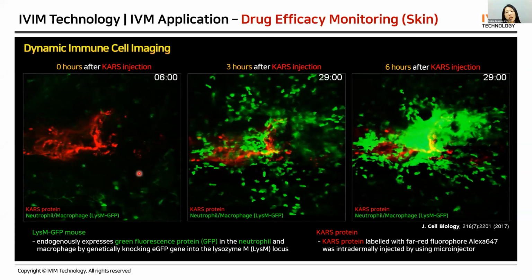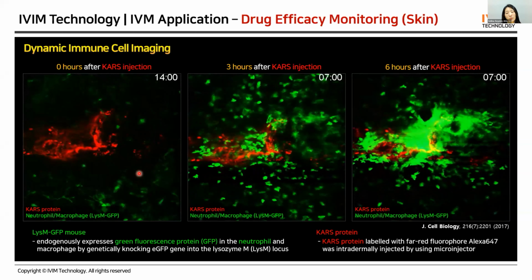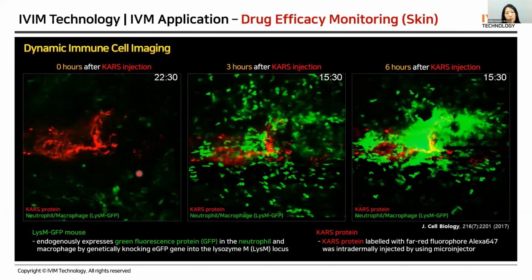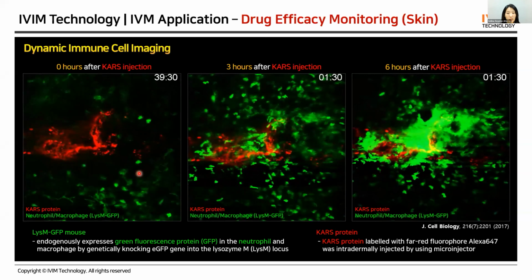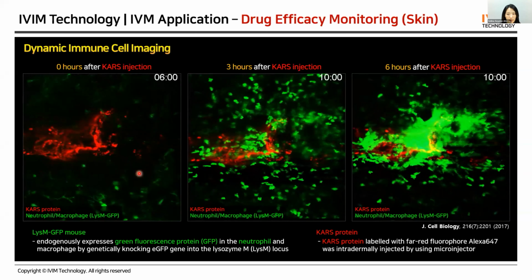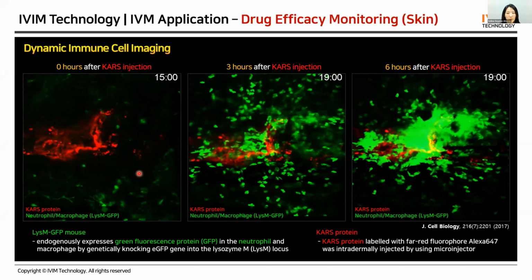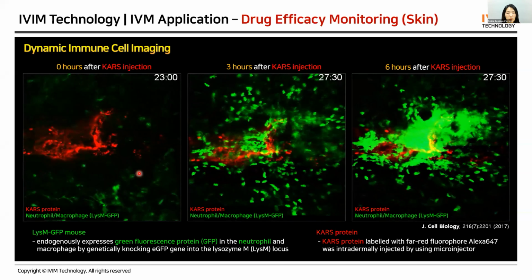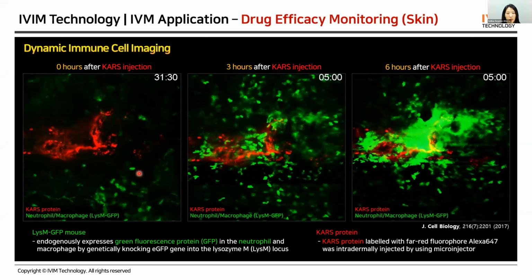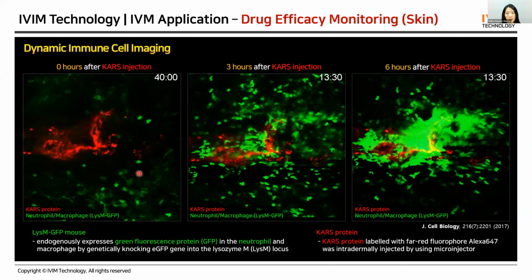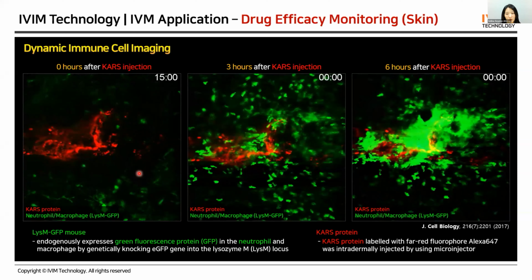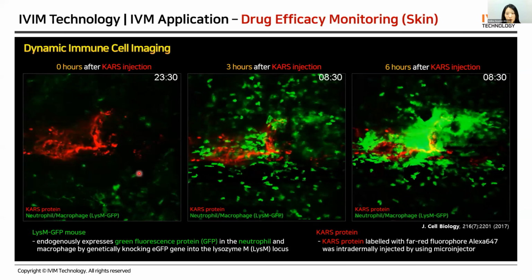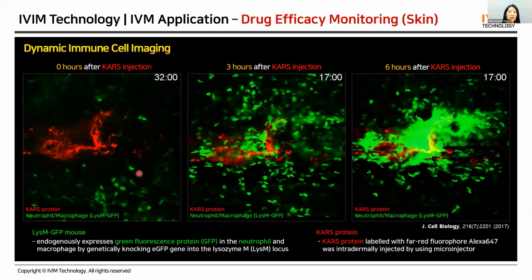To investigate how this enzyme induces inflammatory responses in vivo, we monitored the immune cell dynamics after intradermal injection of this red KRS protein into the ear skin tissue. Then the time-lapse in vivo imaging showed the active recruitment of macrophages and monocytes to the injected KRS, which finally enables in vivo validation of the inflammatory effects of the therapeutic material.